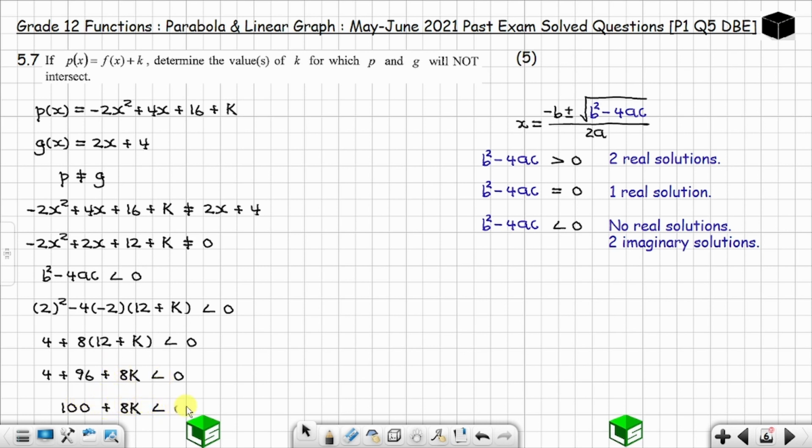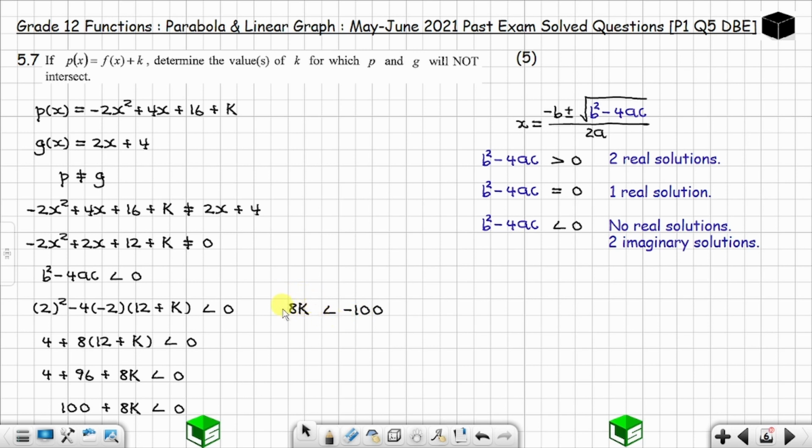Okay, so let's carry over here. So 8K is less than, you bring the 100 to the other side, it's less than negative 100. 8K is less than negative 100.